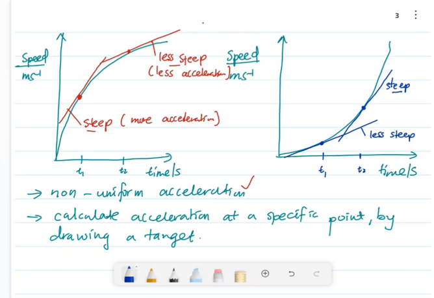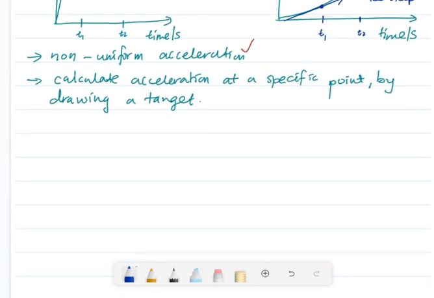I've seen many questions in many papers where they ask you to describe how the graph is showing us that we have deceleration, non-uniform acceleration, or uniform acceleration. So you actually have to highlight the nature of the graph. Is it a curve or is it a straight line? If it's a straight line, it means we have constant acceleration. If it's a curve, that means we have non-uniform acceleration.